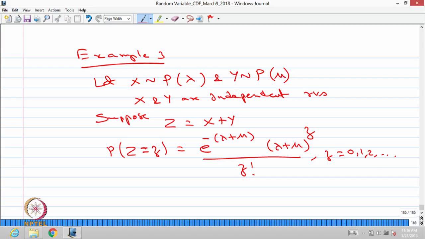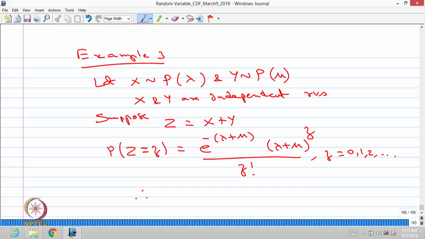Now you can map this with standard or common distributions and find out if any matches. This is the same as the probability mass function of a Poisson distribution with the parameter lambda plus mu.